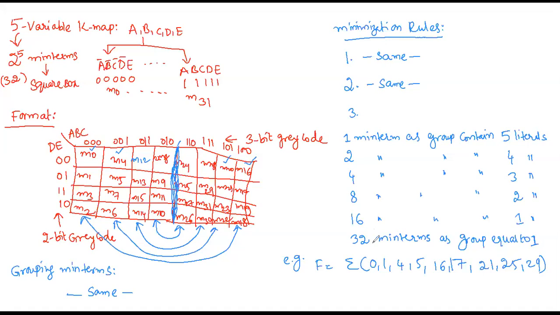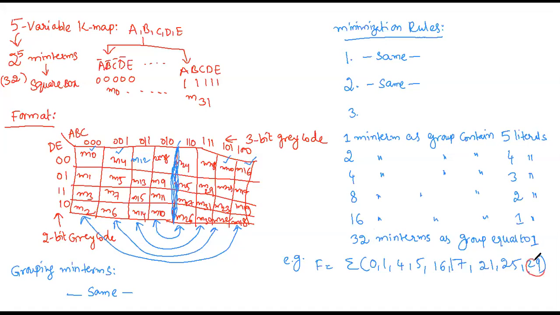In the problem, he did not mention which variable K-map we need to use: either 2 variable, 3 variable, 4 variable, 5 variable, or 6 variable. So what do we have to do? We have to look at the larger term. The larger term is 29.